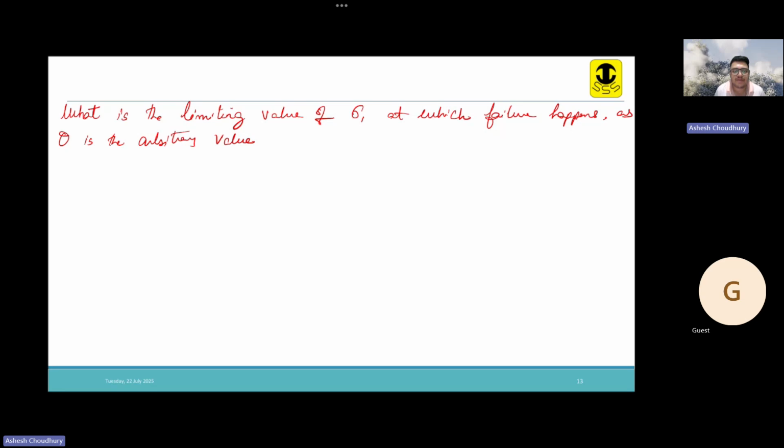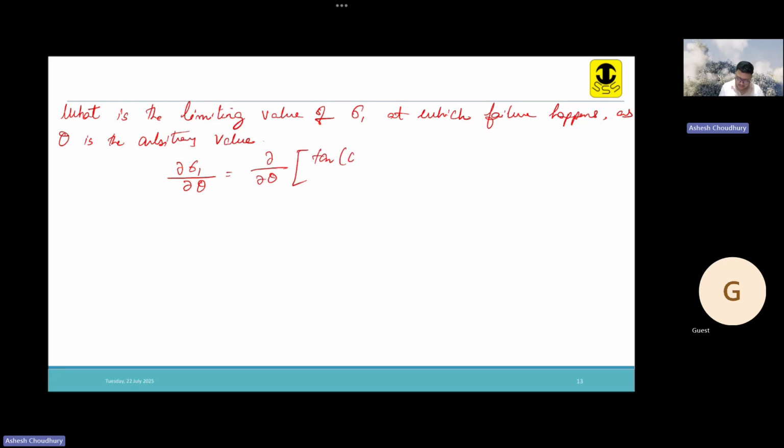Okay, so theta is our arbitrary variable. So we're going to find out the limiting value of sigma 1. For that, you can differentiate and make it 0 so that we get the maxima or minima, right?